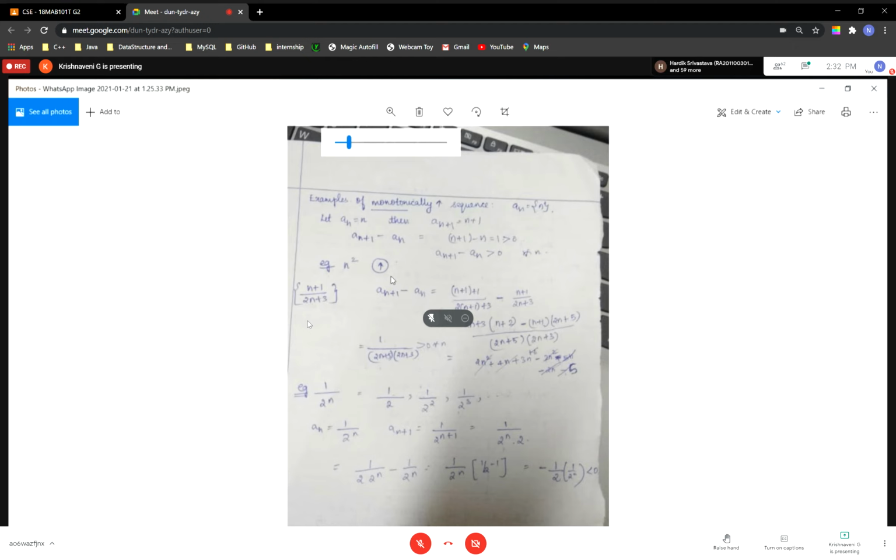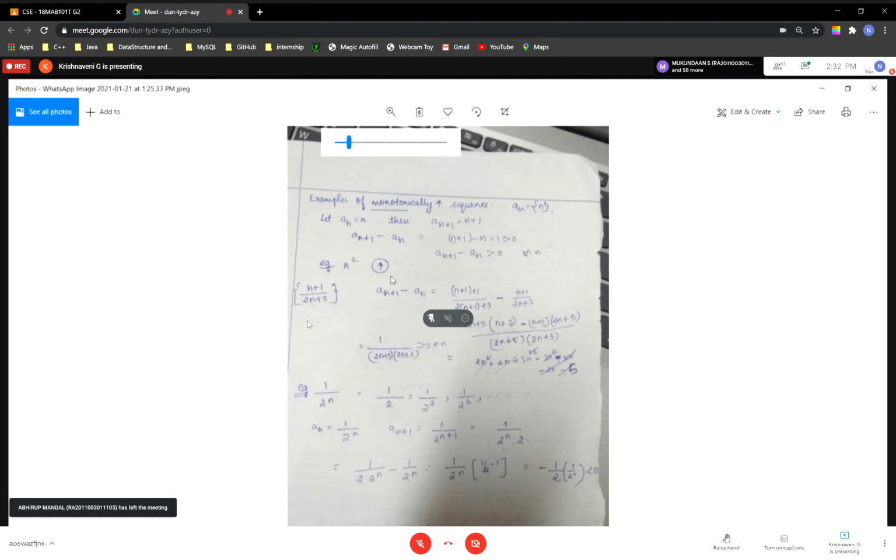What will be the answer? 2n plus 1. So it is greater than 0. Hence, it is a monotonically increasing sequence. Okay, next example.